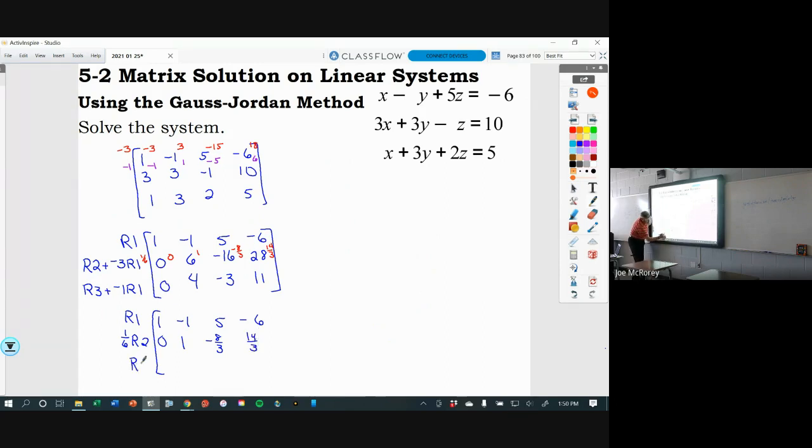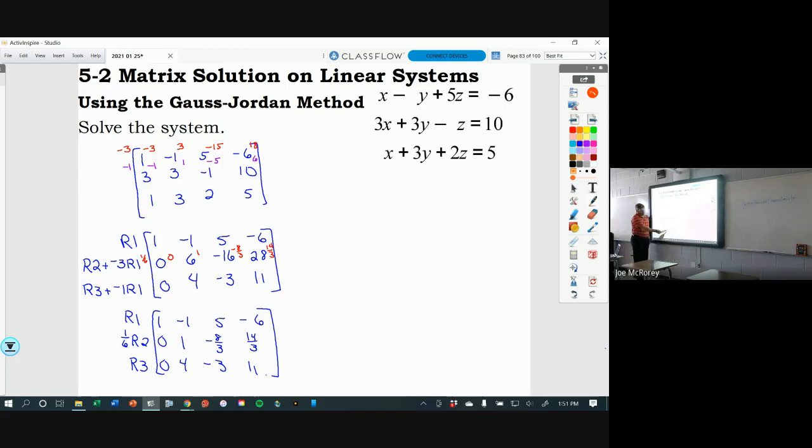And row 3, I'm not doing anything to it right now. Now that I have a 1 in the second column of row 2, I need to use that 1 to make all the other numbers in that column a 0.